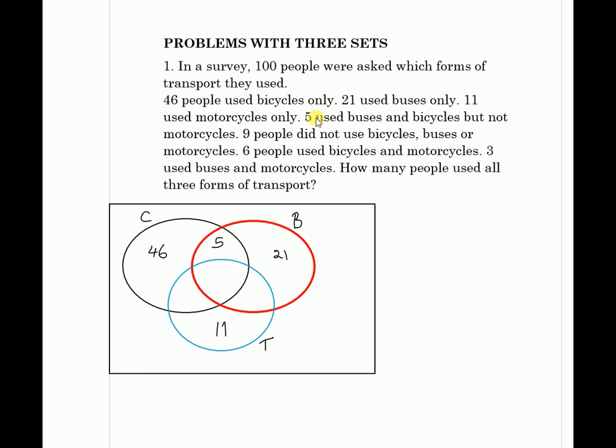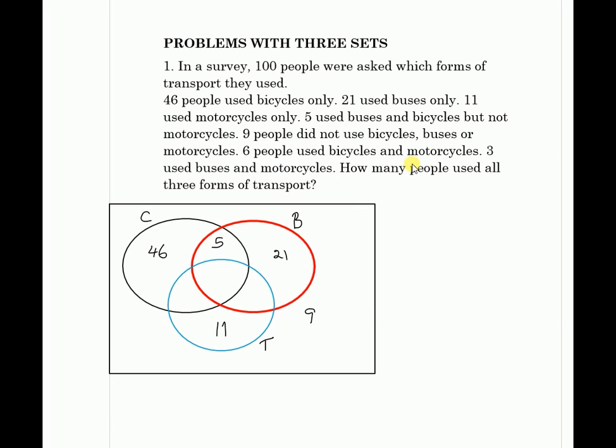Those are the 5. Then 9 people did not use bicycles, buses or motorcycles. So those 9 people are supposed to be outside. They lie here outside.